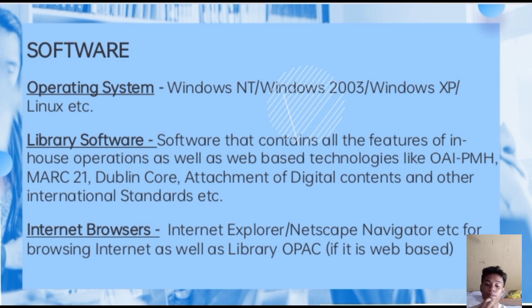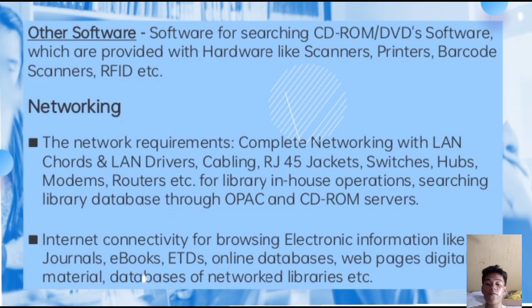Internet browsers, Internet Explorer, Netscape Navigator, etc., for browsing the internet as well as the library's web-based software for searching CD-ROMs and DVDs, software which is provided with hardware like scanners, printers, barcode scanners, etc. The last is the networking.